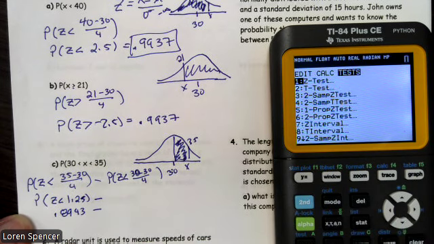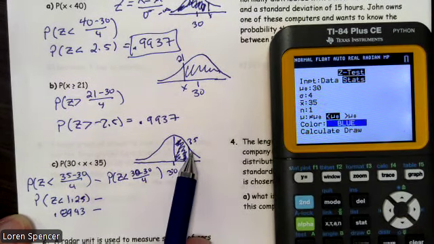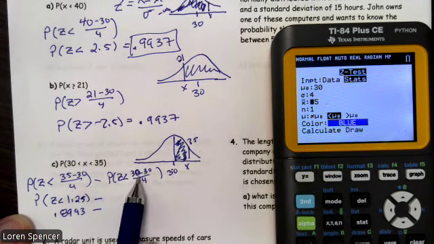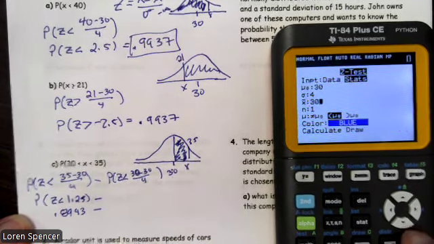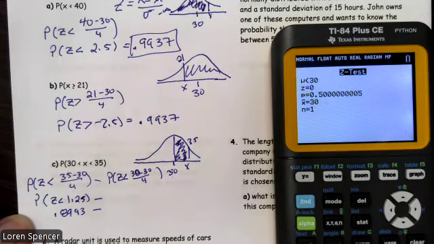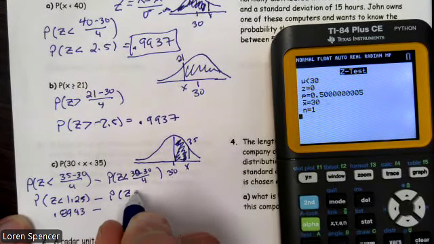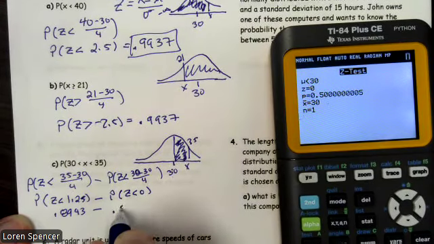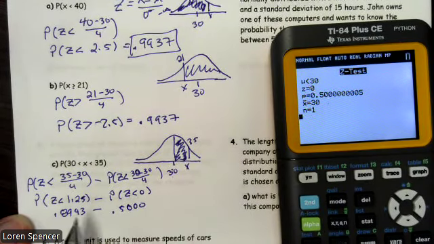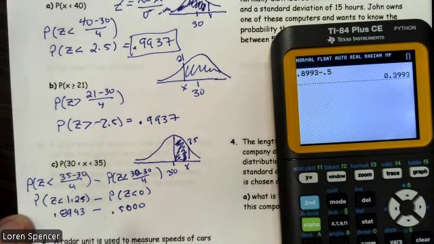Stat test, Z-test. Change that 35 to a 30 because that was the lower end. And we get a z-score of 0. So the probability that z is less than 0 is 0.5, which is what I told you it would be. So we can subtract these two values, 0.8943 minus 0.5, and we end up getting 0.3943.